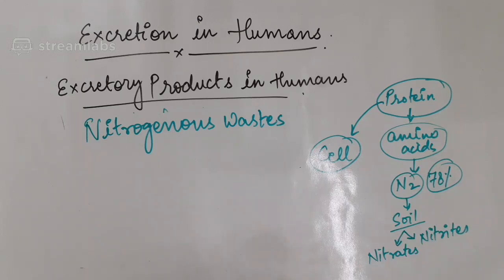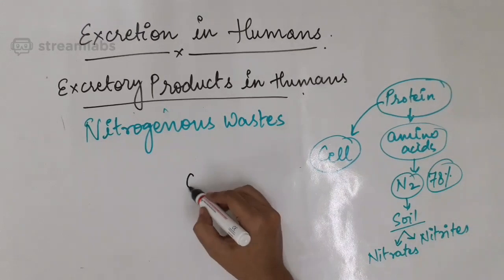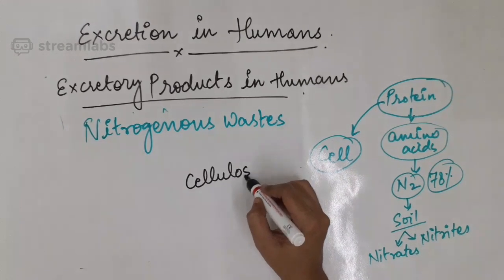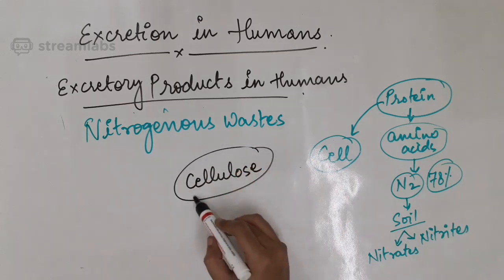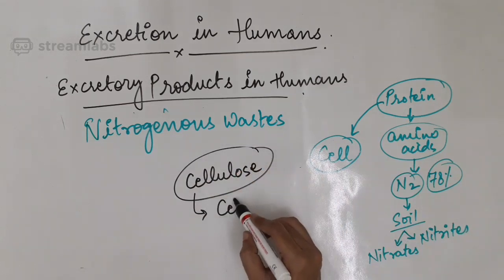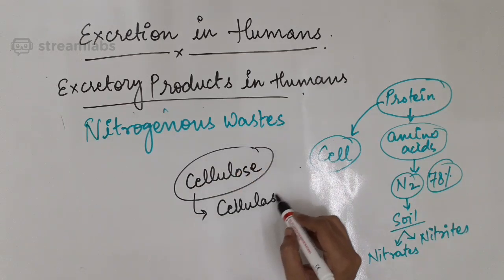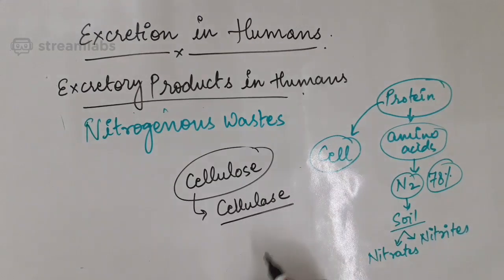डेवलपमेंट के लिए. एंड सेल्यूलोज इज अ कॉम्प्लेक्स कार्बोहाइड्रेट that is not digestible in humans. Why? Because cellulose को डाइजेस्ट करने के लिए एक स्पेशल एंजाइम की ज़रूरत है जिसका नाम है सेल्यूलेज. ये सेल्यूलेज ह्यूमंस में एब्सेंट होता है.